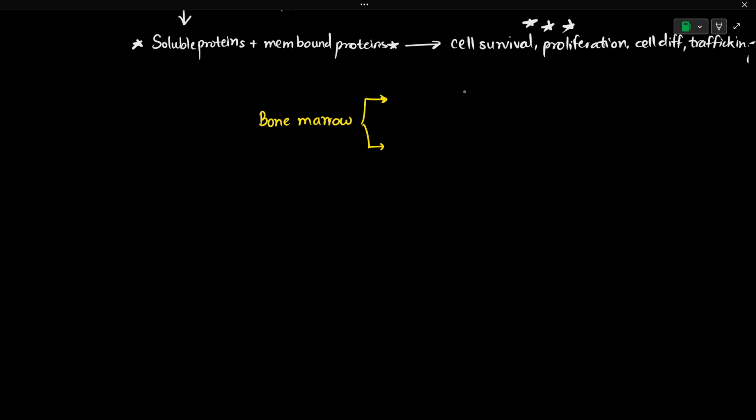Those stem cell niches, as I already discussed, are the endosteal niche and the vascular niche.